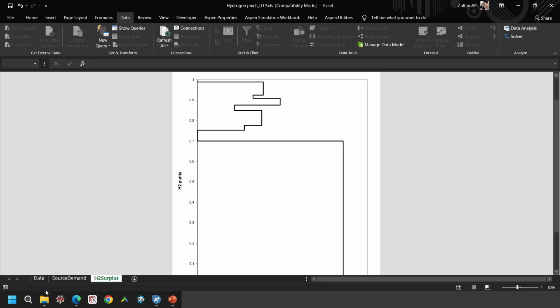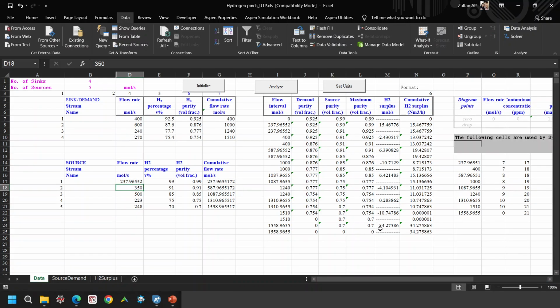In the problem table algorithm, we need to make sure that this one is 0. Up to you how you want to do that, but in this particular case, it is already set up so that we can simply use a goal seek to find the lowest value of x such that this one is 0. So the cumulative is basically 0. It really resembles the problem table algorithm.